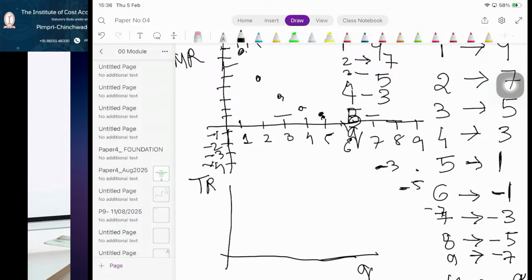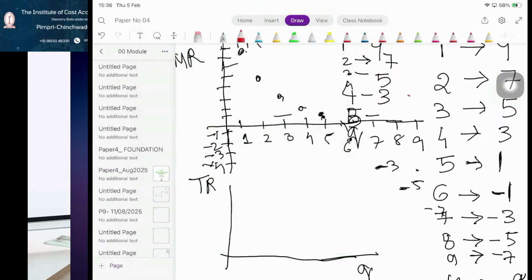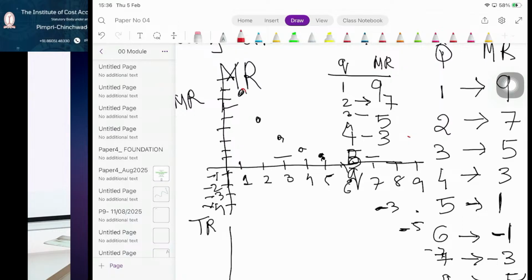So if you join this graph, you will get a downward sloping curve like this, the marginal revenue curve. Did you all get this? You can plot. I'll give you time to do this. All of you draw the graph.